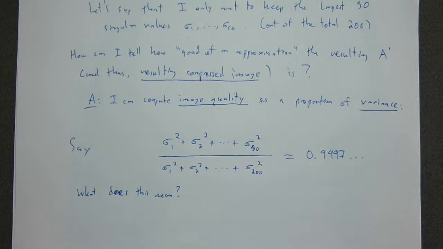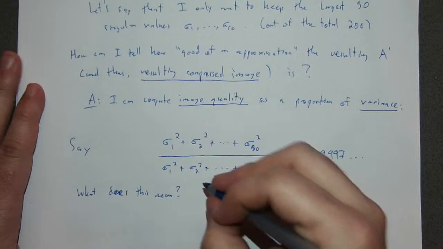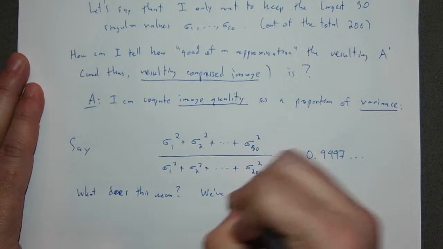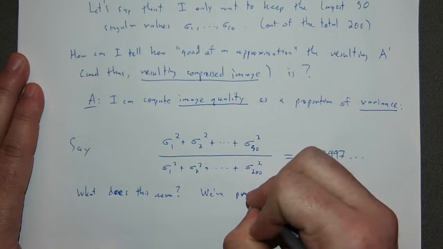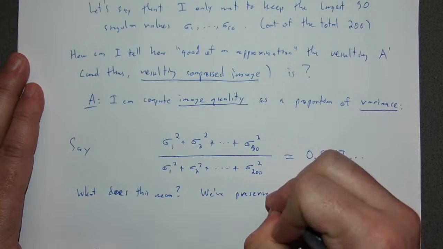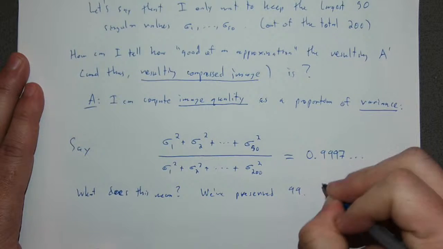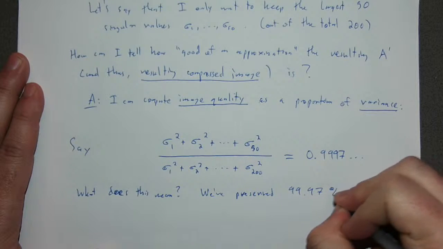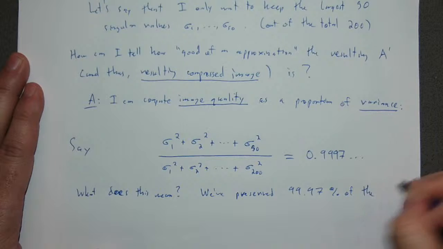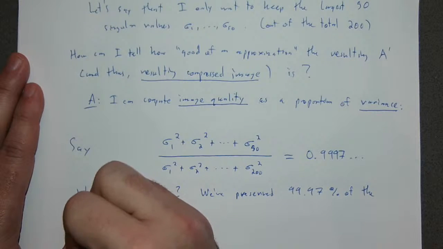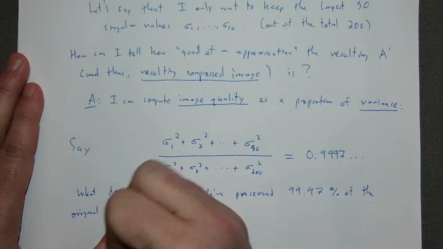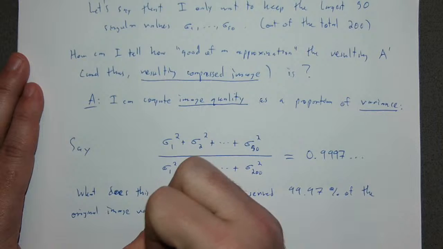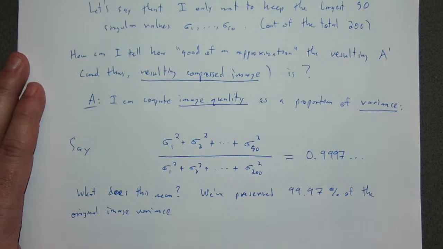So what this means is that we have basically preserved 99.97% of the original image variance. Okay.